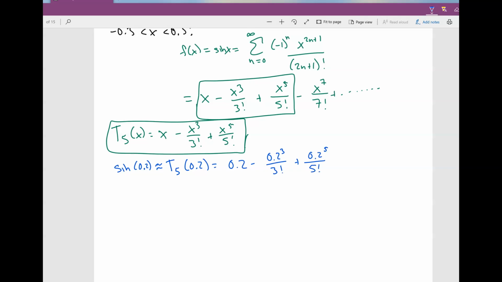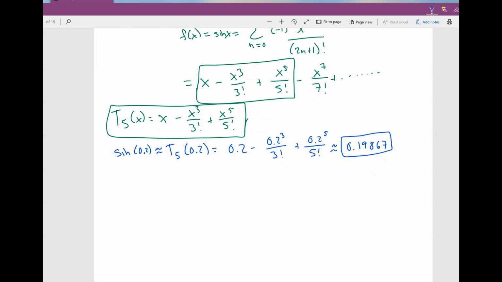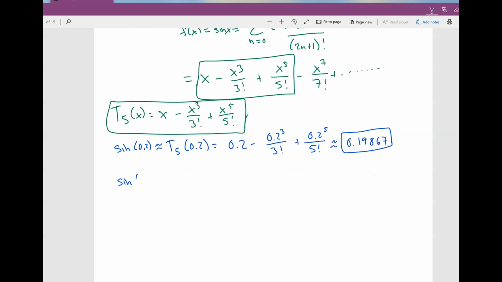When I put this into my calculator, I'm going to get 0.19867, something along those lines. Now if you want to compare it to the actual true value, you can go ahead and do that with sine of 0.2. Remember this should be in radians.